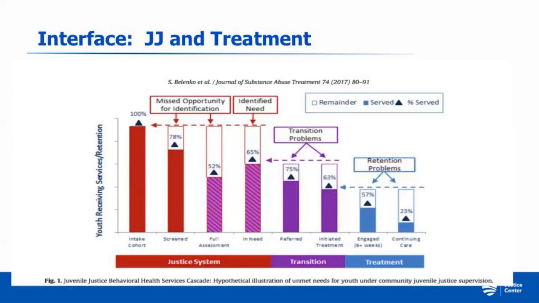And the need for treating these kids is great, and by not doing so, we have missed opportunities in terms of trying to help individuals, particularly fragile youth. And then we have a number of transition-related issues as well as retention issues. So this is the conceptualization of what a cascade for a justice interface model might look like.